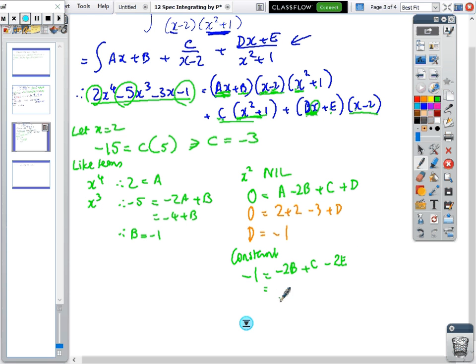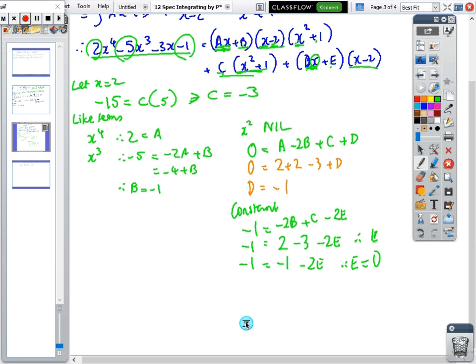And then b is minus 1, so that gives us plus 2. C is minus 3, so minus 1. And when you solve that, you get minus 1 equals 2 minus 3 is minus 1 minus 2e, so e must be 0.